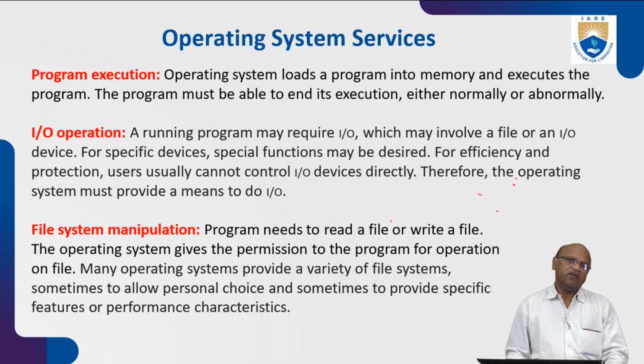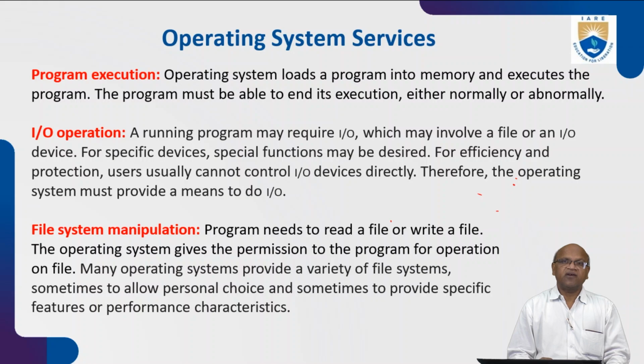The OS does this work for the user. The user simply writes a program and goes for execution. Once you press run, the OS executes the program, getting it line by line to the microprocessor, where it is executed. That's program execution.